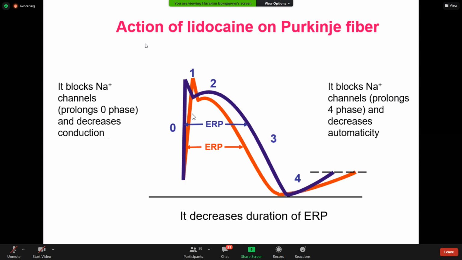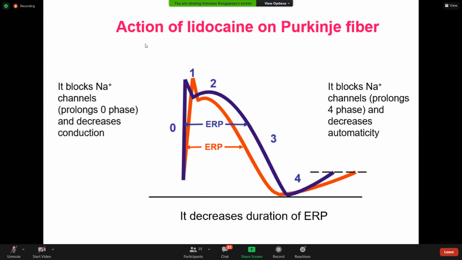First they prolong the zero phase, and thus they decrease conduction in Purkinje fibers. Due to inhibition of sodium channels, they cause the prolongation of the phase responsible for automaticity. So this drug decreases automaticity, and they decrease the duration of the effective refractory period.